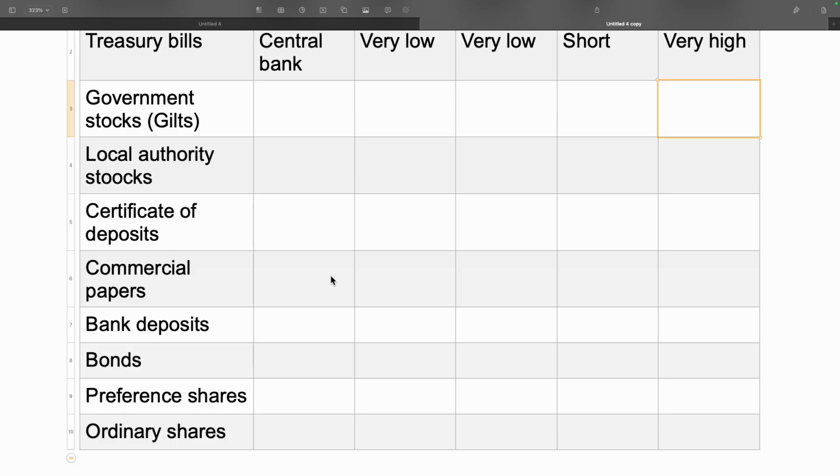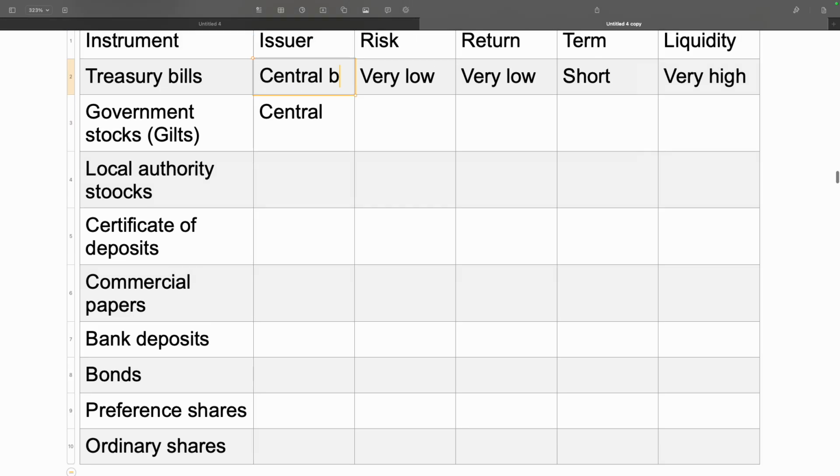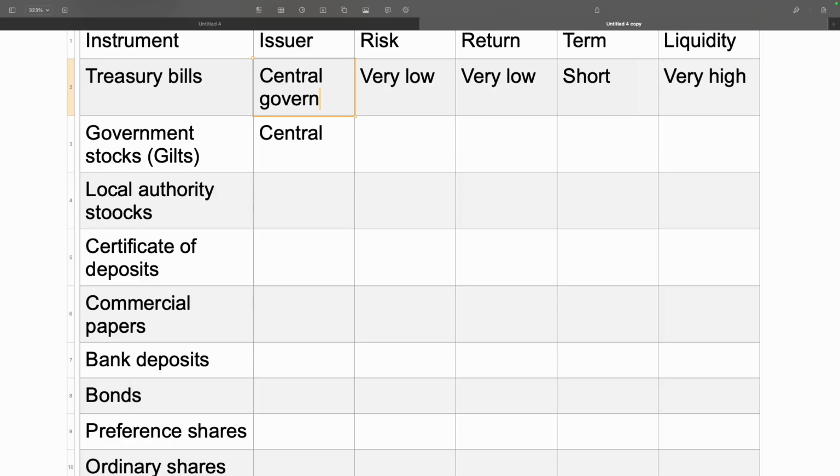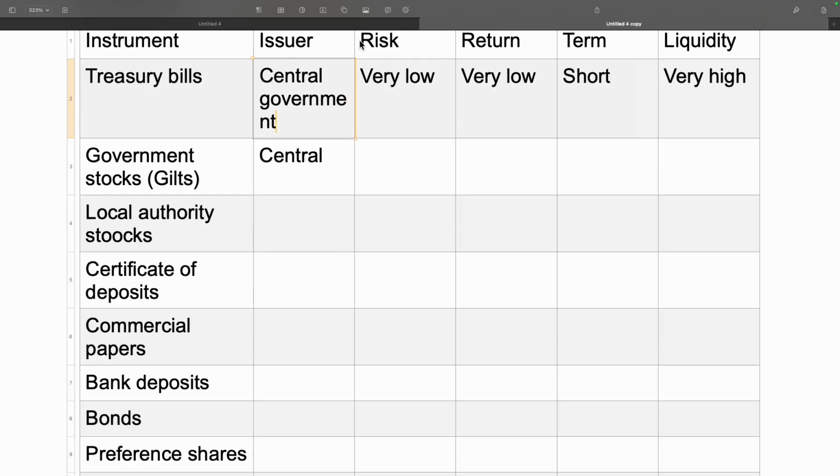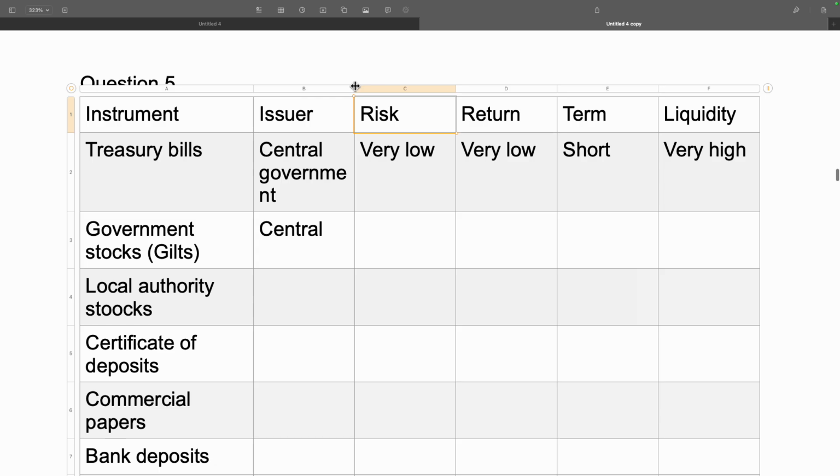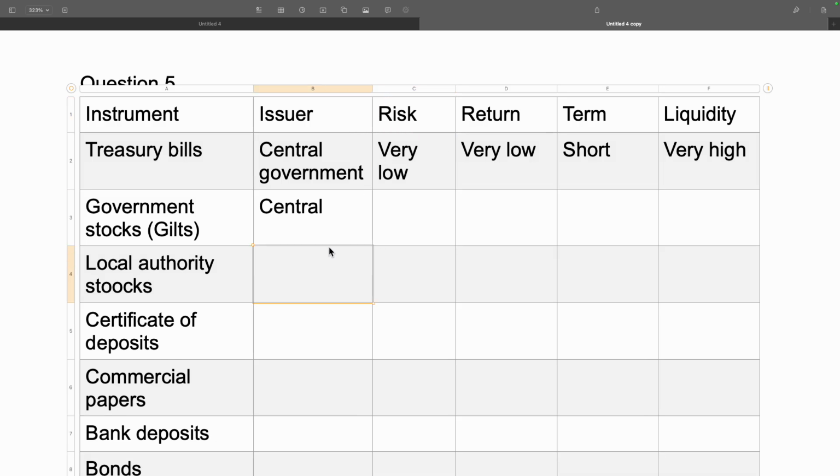Then you got government gilt. It's also issued by central government. The risk is supposed to be very low.